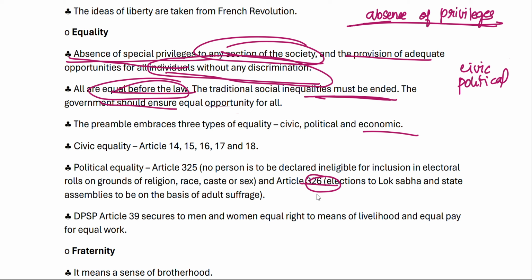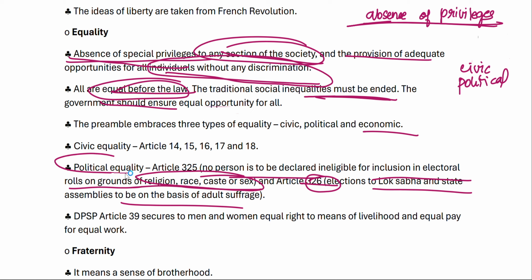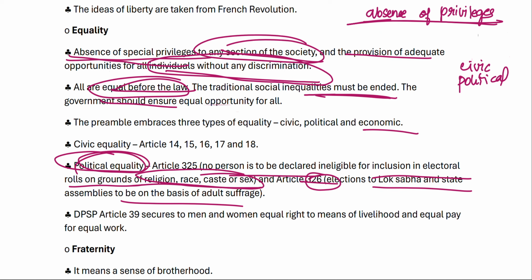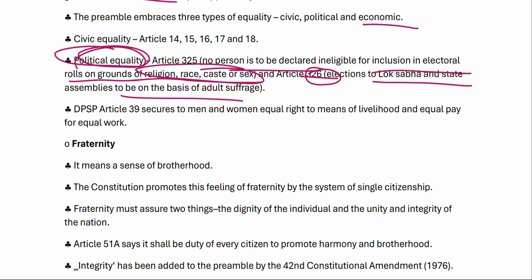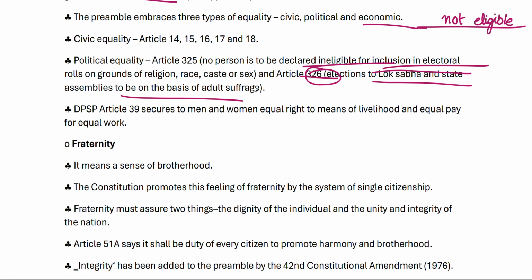No person shall be declared ineligible for inclusion in the electoral rolls on the grounds of race, religion, caste, or sex. This is what we call political equality.